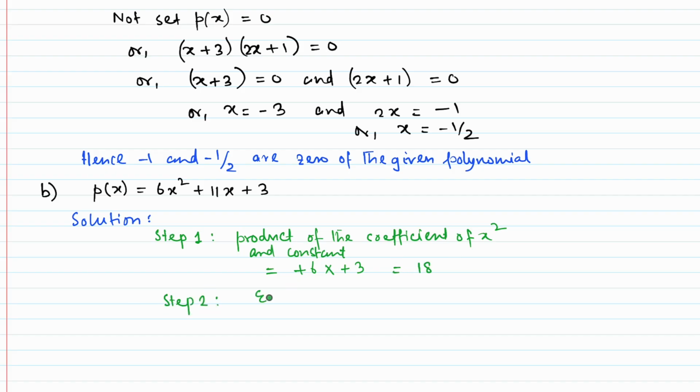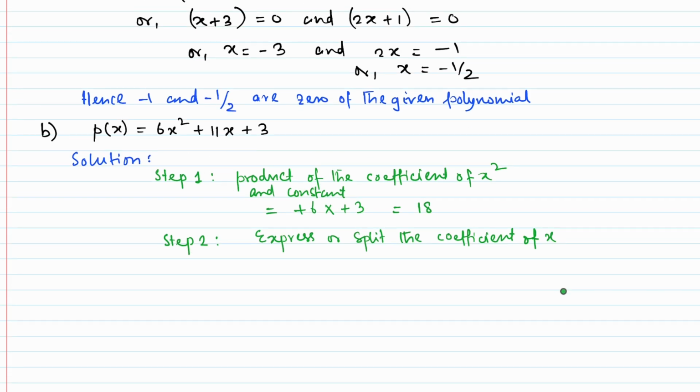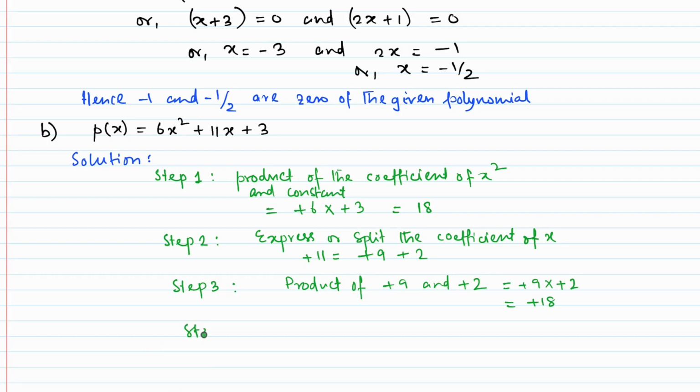Now step 2, express the coefficient of x, that is plus 11, as two terms, plus 9 and plus 2. So that makes plus 11. And now the product of these two terms, plus 9 and plus 2, gives me plus 18.